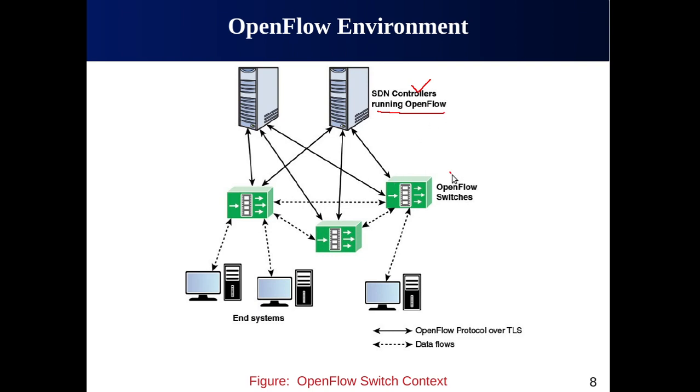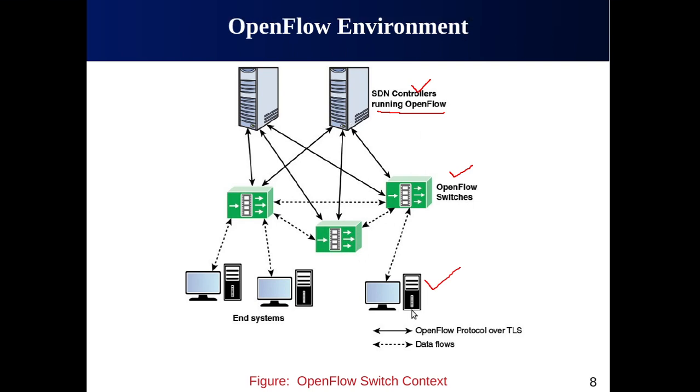Then we have the switches, and these switches are OpenFlow switches, because OpenFlow is implemented over here. And the third component is the end system, because this whole setup is for these end systems. So this is the OpenFlow switch context or environment.